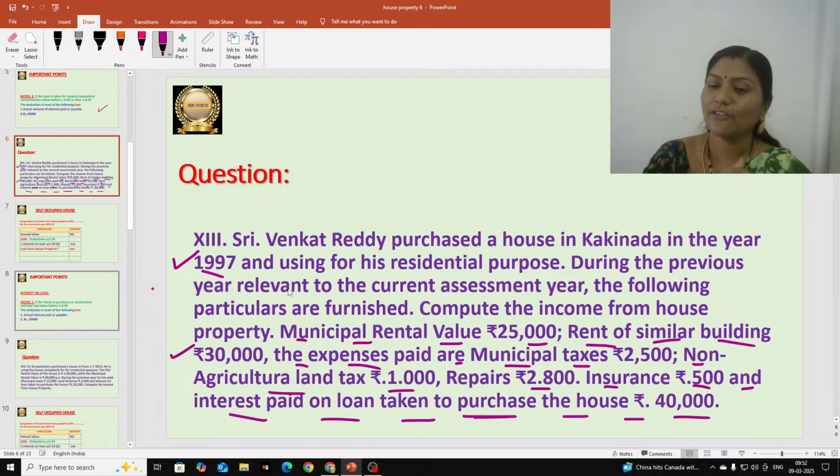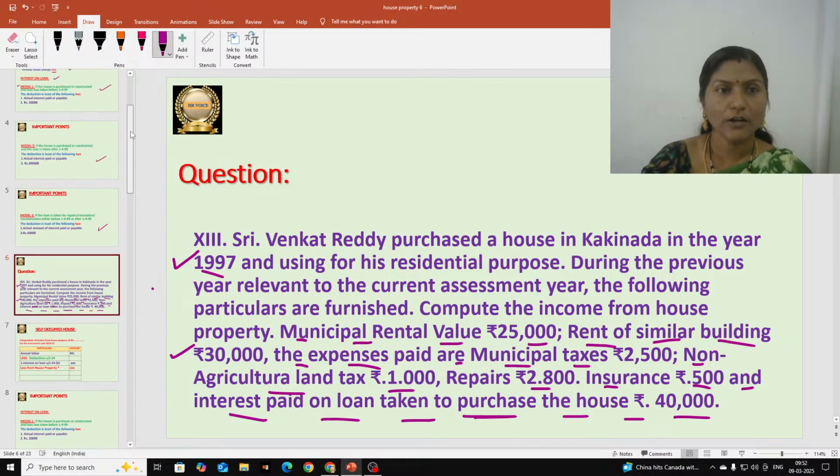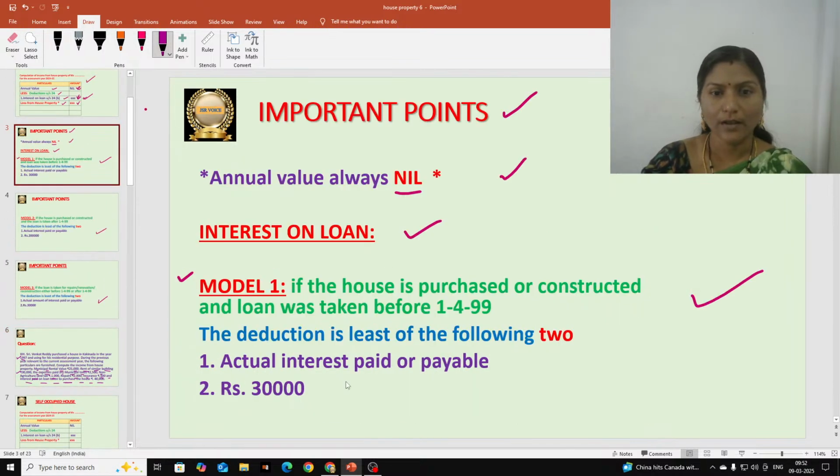So which model do we use for giving deduction under section 24 subsection B? We use model 1, which I already discussed. If the house is purchased or constructed and the loan was taken before 1-4-99, we apply the model 1 rule to give deduction under section 24(b).